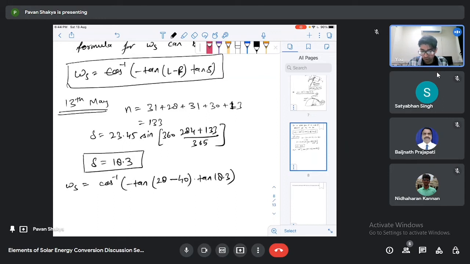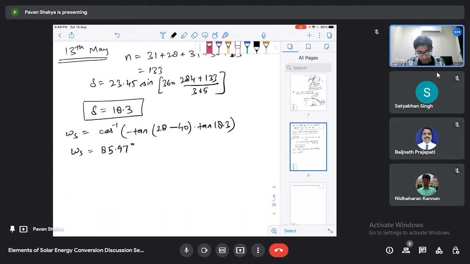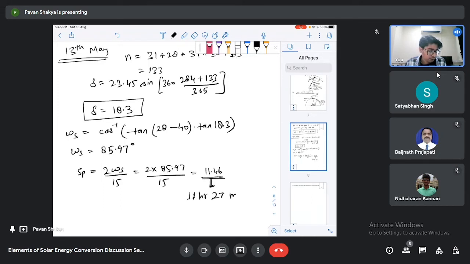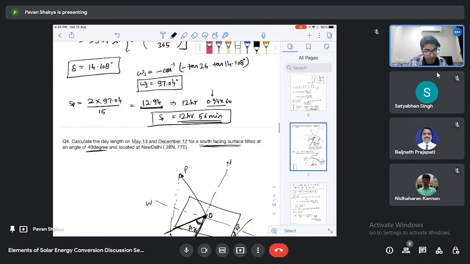When you solve this, you will find that omega s comes out to be 85.97 degrees. Then we can calculate the day length, that is Sp equal to 2 omega s by 15, that is 2 into 85.97 by 15, which comes out to be 11.46. When you convert it into hours and minutes, you will find that this is 11 hours and 27 minutes. So this is the first part for 13th May.